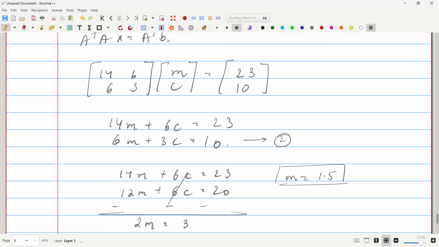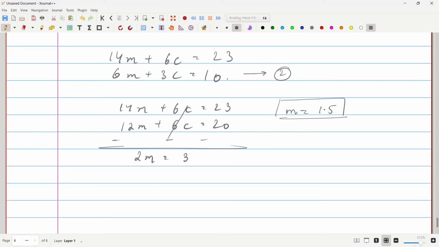Now, m is 1.5. Put it in the main equation: 6 into 1.5, you can say 15 by 10, plus 3c is equal to 10.